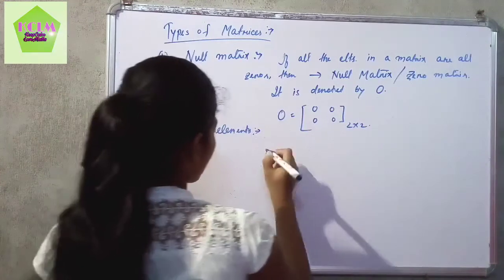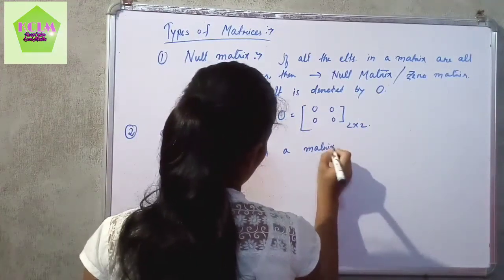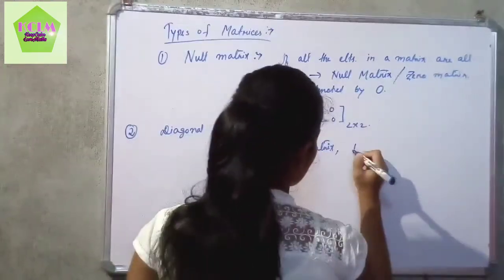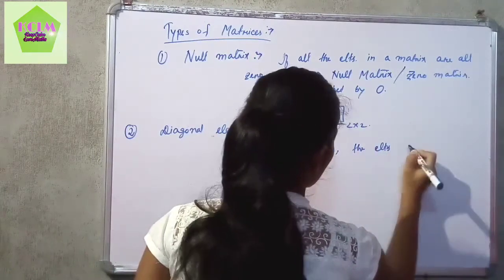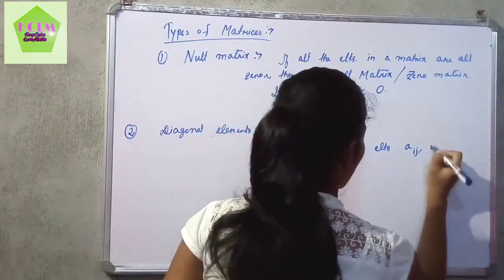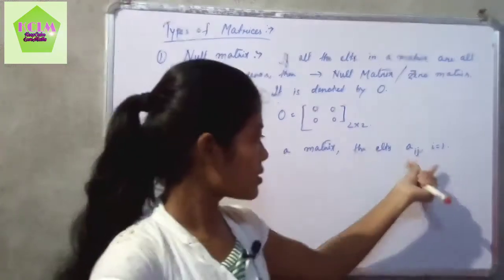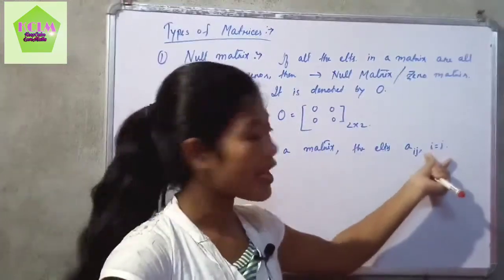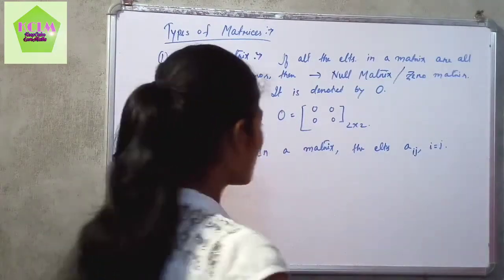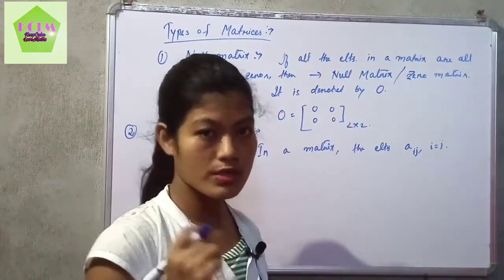In a matrix, the elements Aij where i equals j, that means the number of the row and the number of the column are the same.